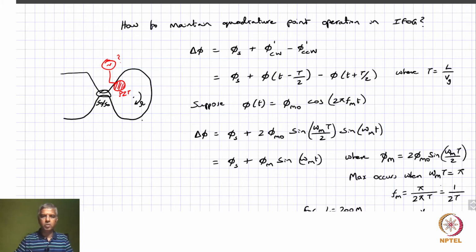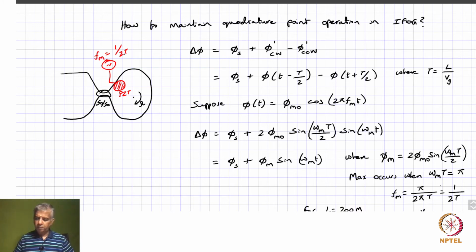So, you essentially drive this at Fm equals 1 over 2t, right. That is the frequency at which you need to drive this PZT, so that you maintain that quadrature point. Okay.